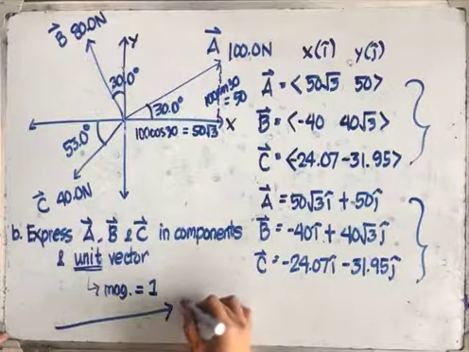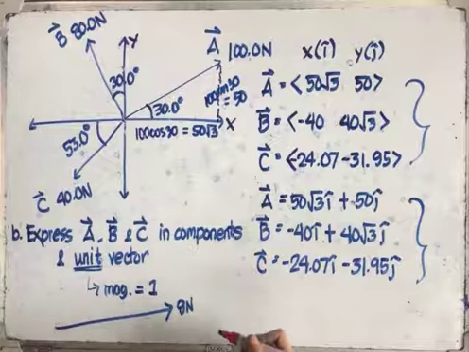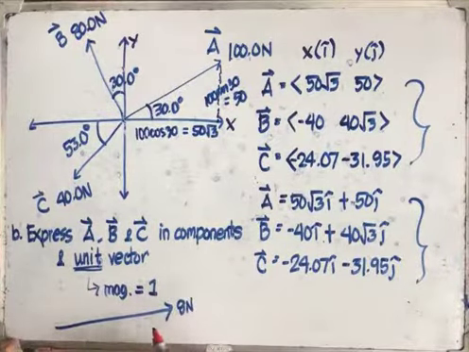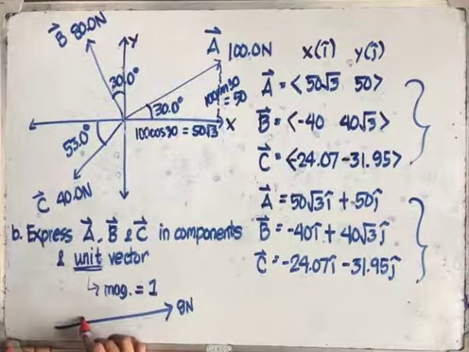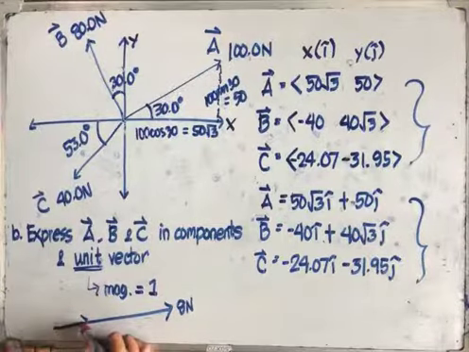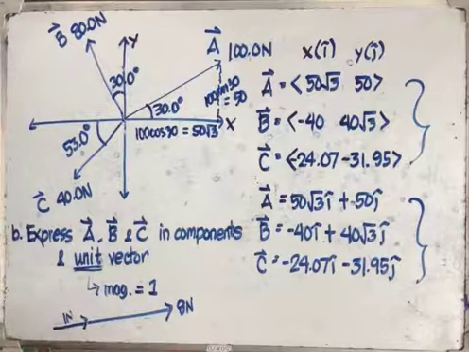Let's say this is 9 newtons and then meron siyang direction, no, naka-express siya in a certain direction. So, ang unit vector natin is same yung direction niya sa main vector na to, pero 1 lang yung magnitude. Parang ito yung representation ng unit vector niya. 1 newton. Okay? Ganun yung itsura niya.